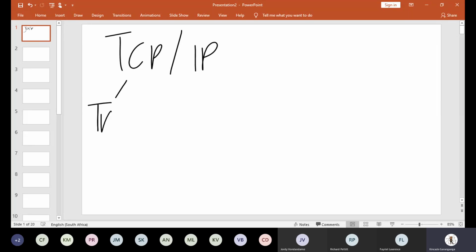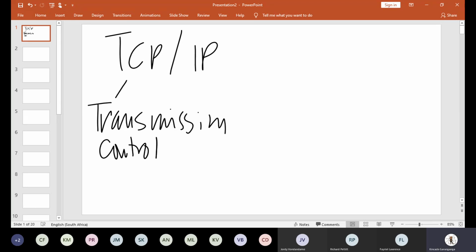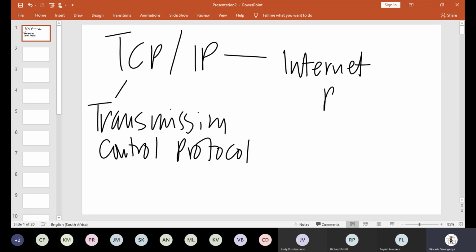So TCP, that's your transmission control protocol. You already know this. And as far as the IP is concerned, that's your internet protocol.